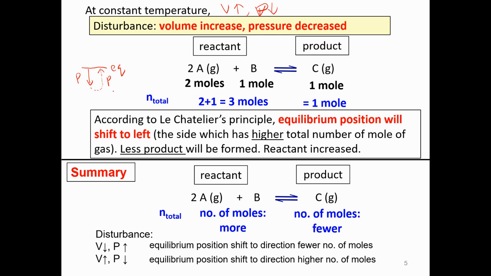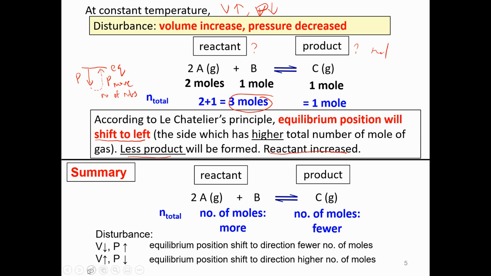Increasing pressure means more number of moles. So we look at reactant and product moles. Reactant has more moles, thus the equilibrium position will shift to the left. And then less product will be formed and reactant increases.